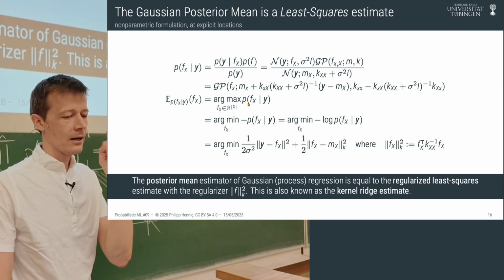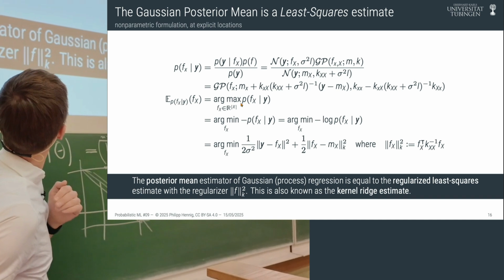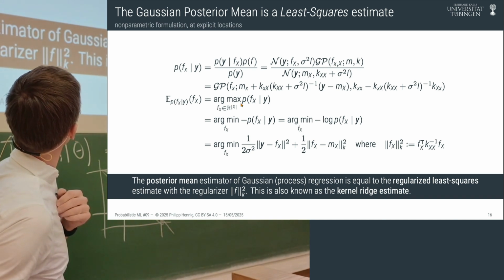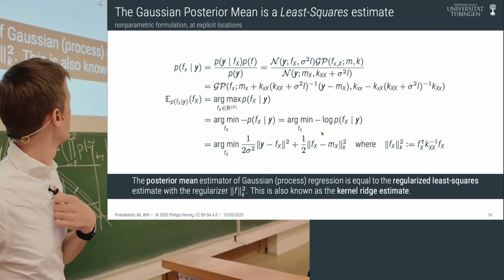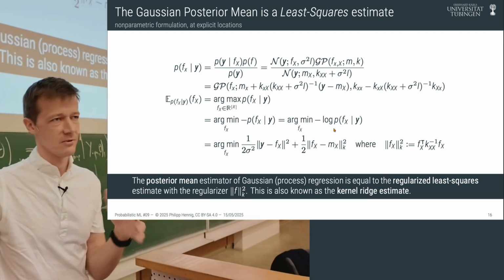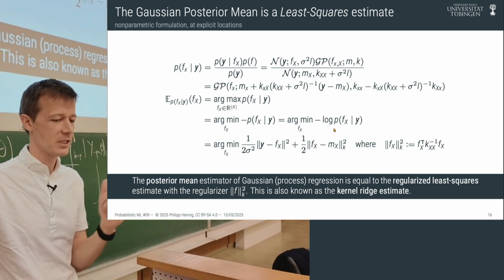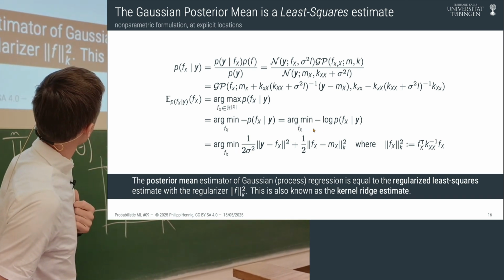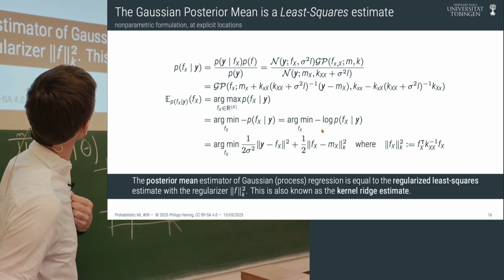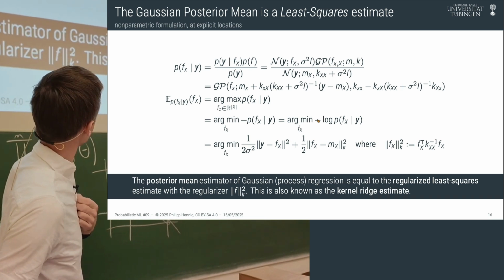Okay. And that mode we can also describe as the minimum of minus that probability density function, or minimum minus the logarithm of the probability density function. We've now done that already, like 15 minutes before. So what is that probability density function as a function of the mean?